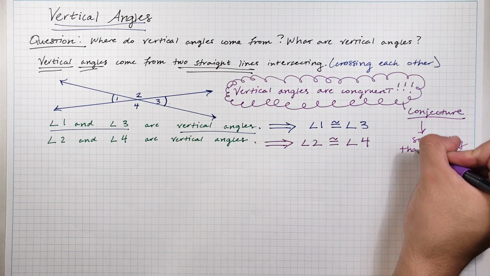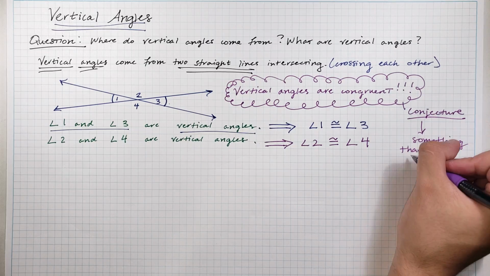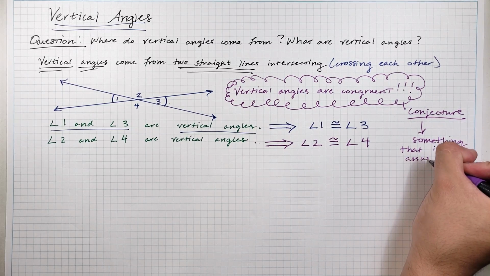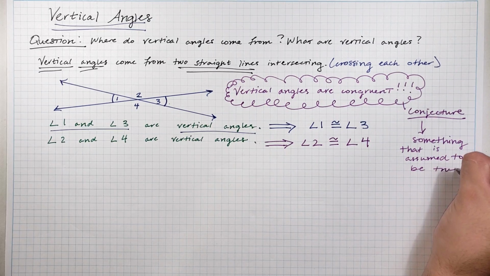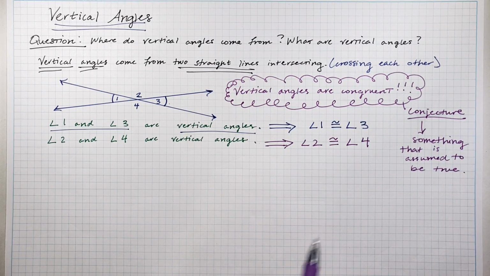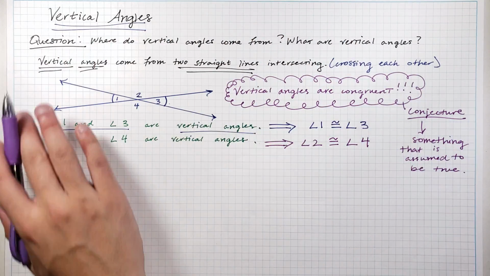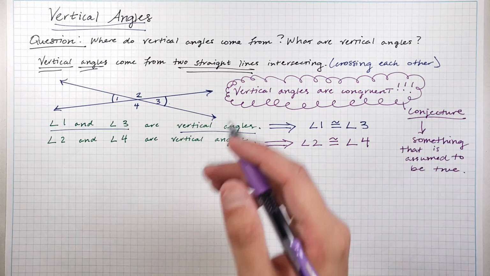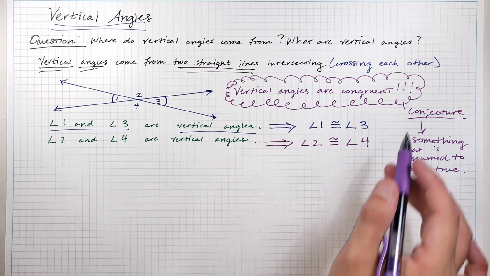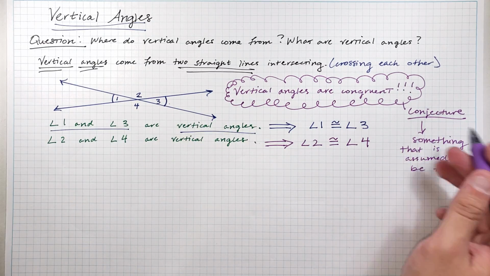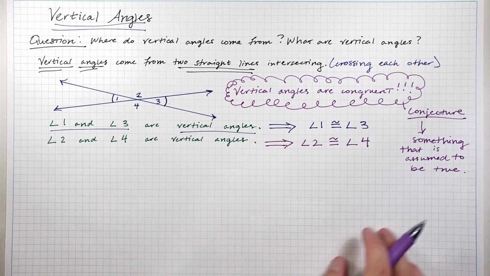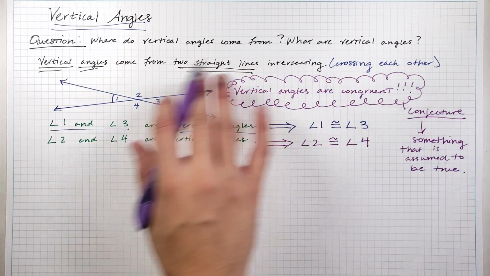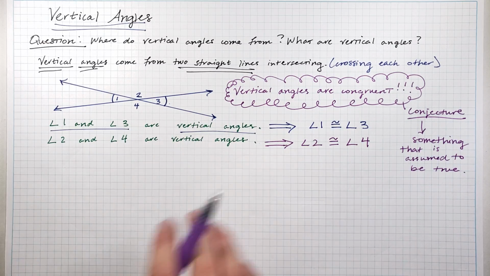So really what we could call this entire video is the vertical angles conjecture. This is just taken to be true, which is nice because it's very useful to solve problems with. This is how we're going to be solving a lot of problems for the geometry stuff.